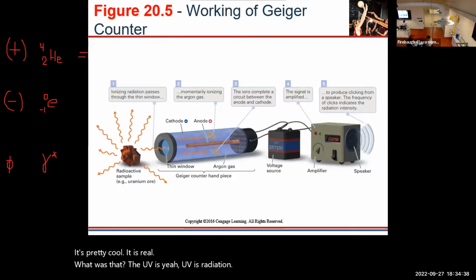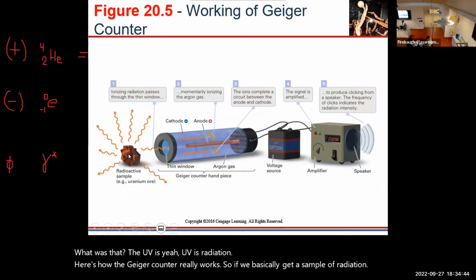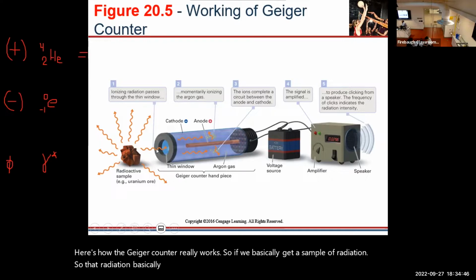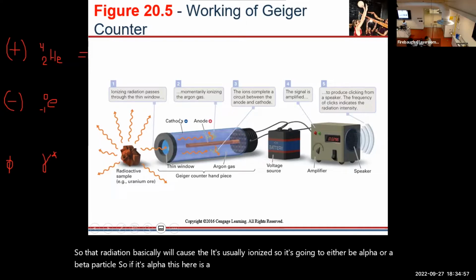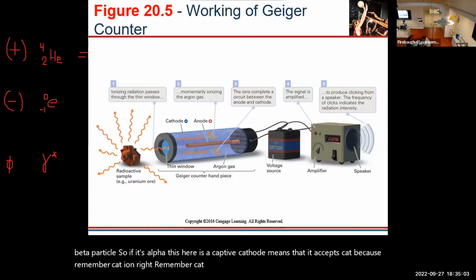So here's how the Geiger counter works. You basically get sample radiation. That radiation will cause ionization in the gas, so it's going to be alpha or beta particles. If it's alpha, it goes to the cathode. Cathode means that it accepts cations.